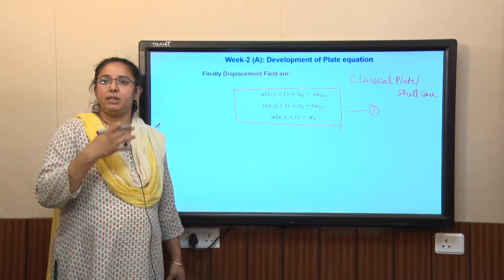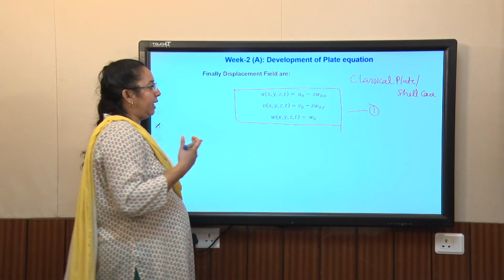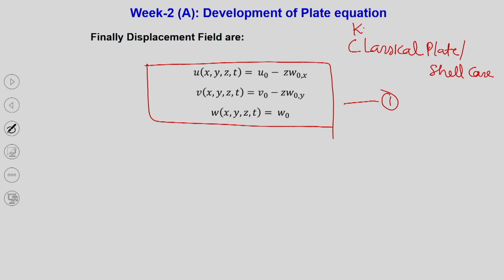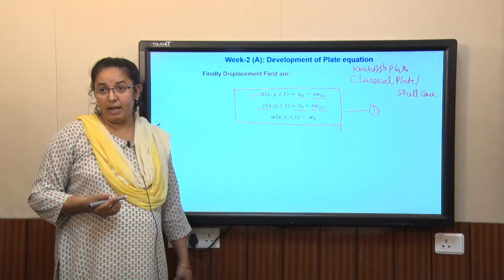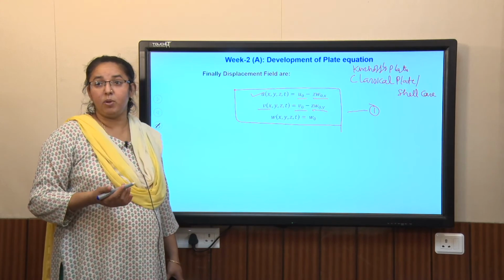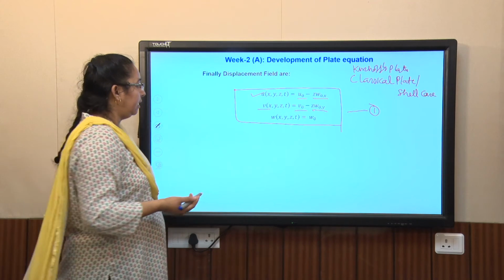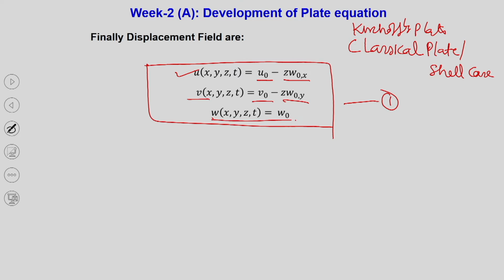There you have to assume a series. But for a classical, or I would like to say Kirchhoff's plate, you can derive mathematically that u is nothing but u naught minus z times w comma x, v is equal to v naught minus z times w comma y, where w comma x and w comma y are nothing but the partial derivatives of w with respect to x and y, and w is equal to w naught.